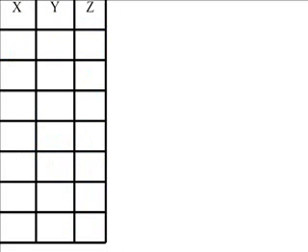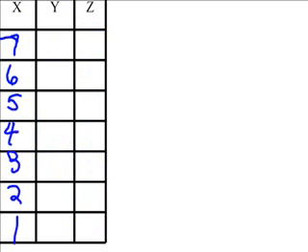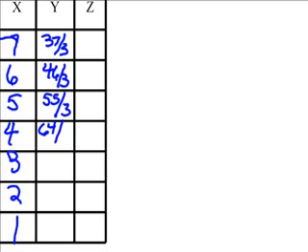Now I'm going to plug in 7, 6, 5, 4, 3, 2, 1. Plugging in a 7, I get 37/3. No good. Plugging in a 6, I get 46/3. No good. Plugging in a 5, I get 55/3. No good. Plugging in a 4, I get 64/3.